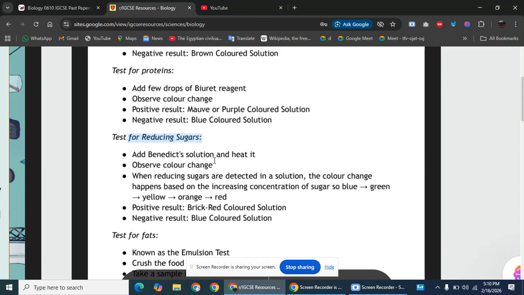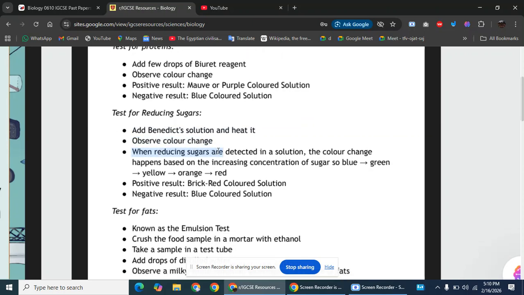Test for reducing sugars. Add Benedict's solution and heat it. Observe color change. When reducing sugars are detected in a solution, the color change depends on the increasing concentration of sugar. First is blue, then green, then yellow, then orange, and red for the highest concentration of sugar.